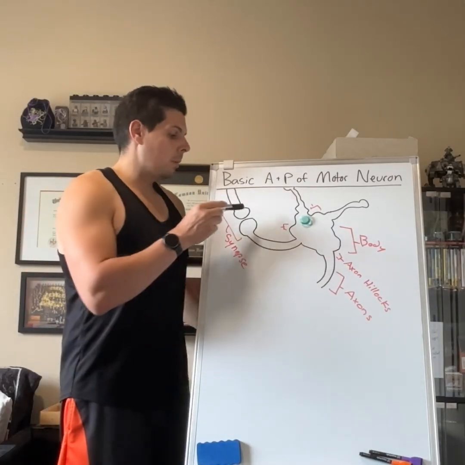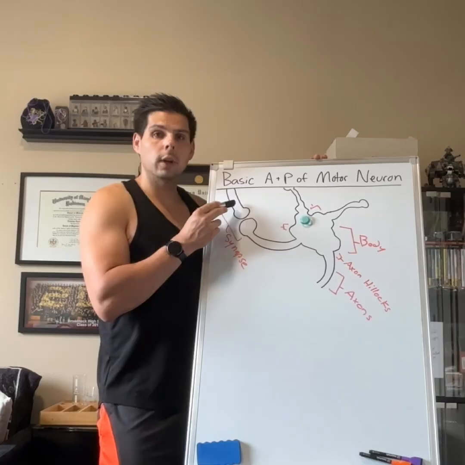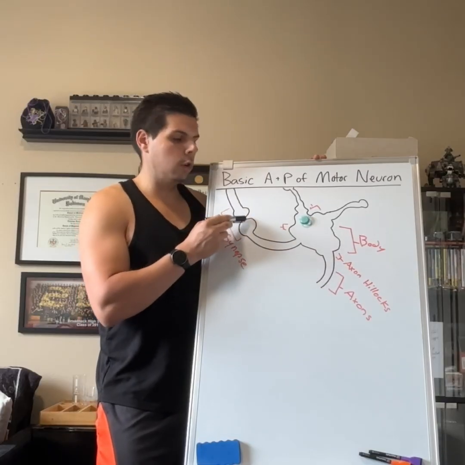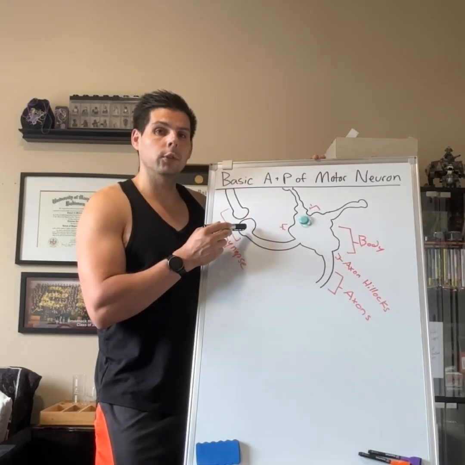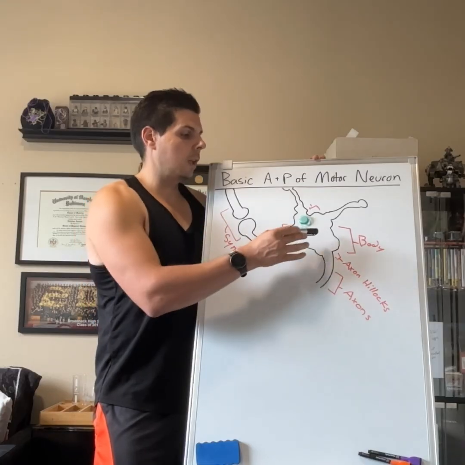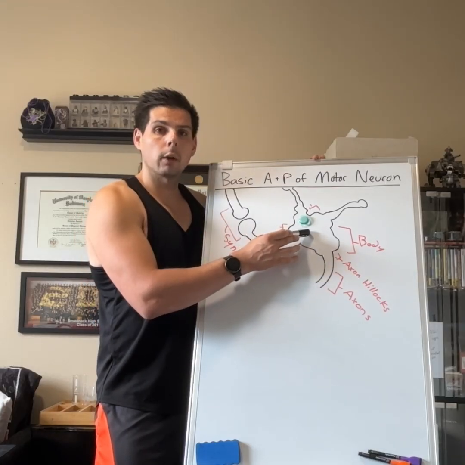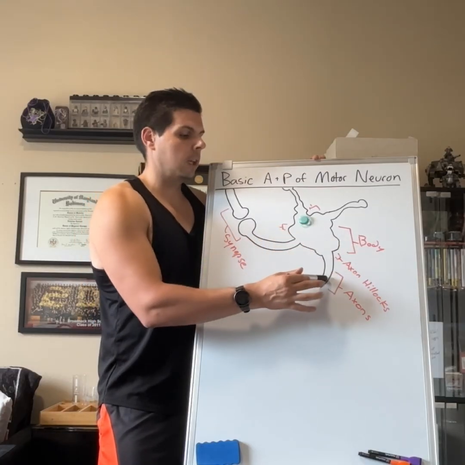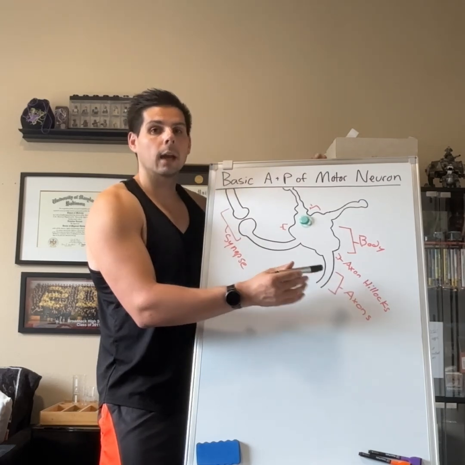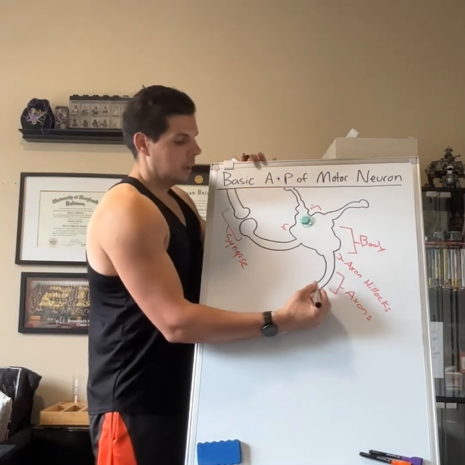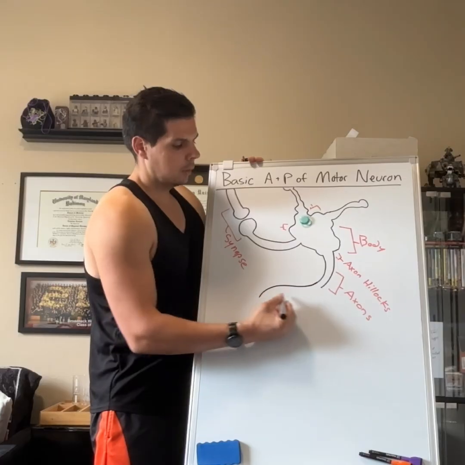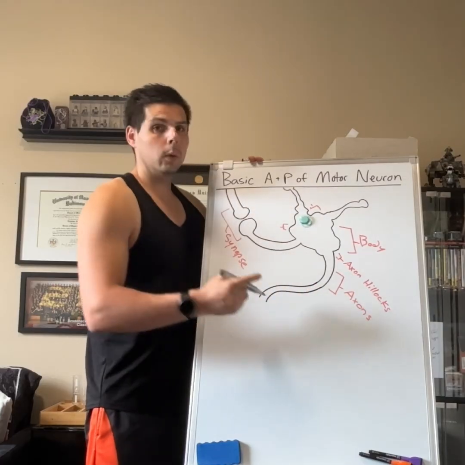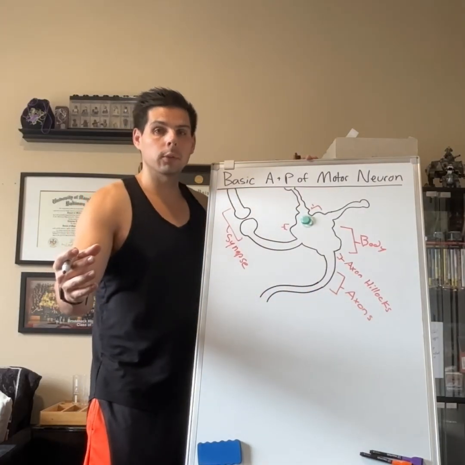So, we have our motor cortex neuron sending information out to the periphery. That information is communicated across the neural synapse. That information is then going to go into our motor neuron right here, and that information is going to communicate it out across the axons. Now, these axons are the long tentacle-like things that are going to extend out to the target muscle.